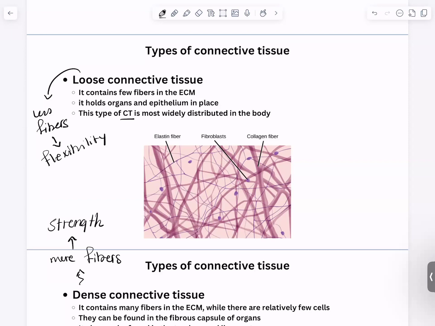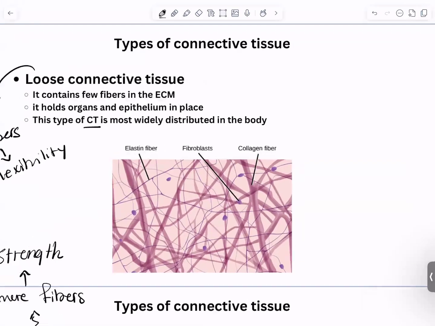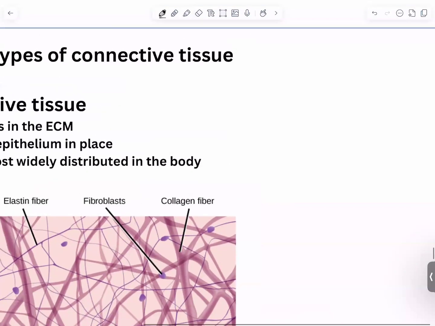I don't know if you have ever seen this, but when you buy, for example, meat, and you buy a fresh one, not in the supermarket, not in different branches, the fresh one.